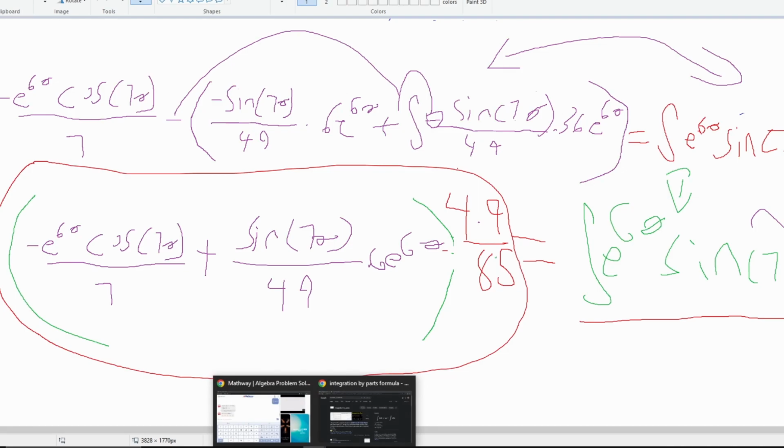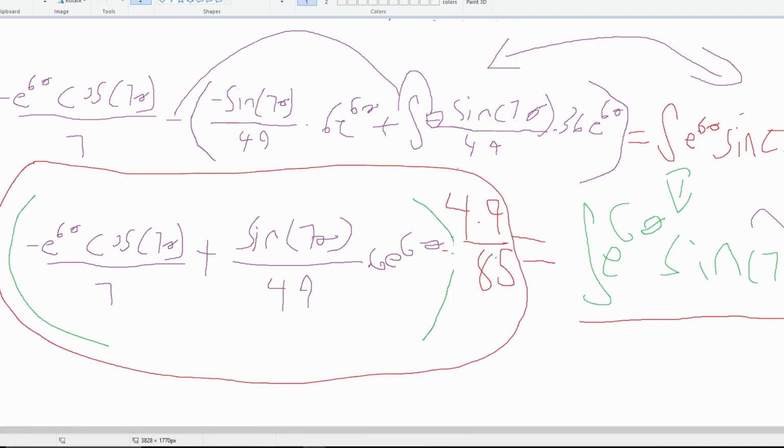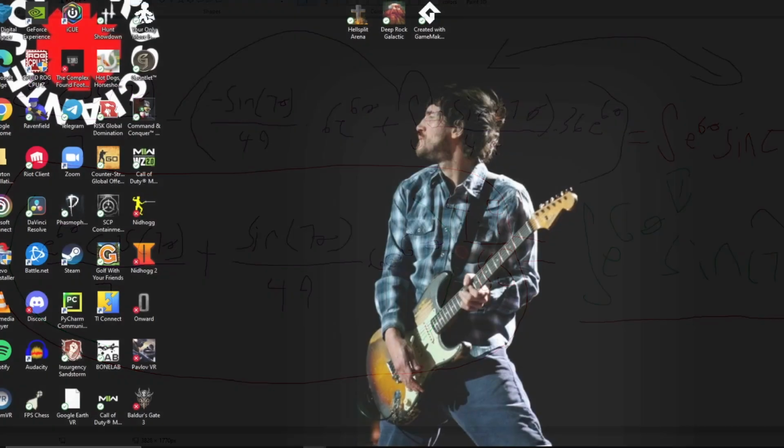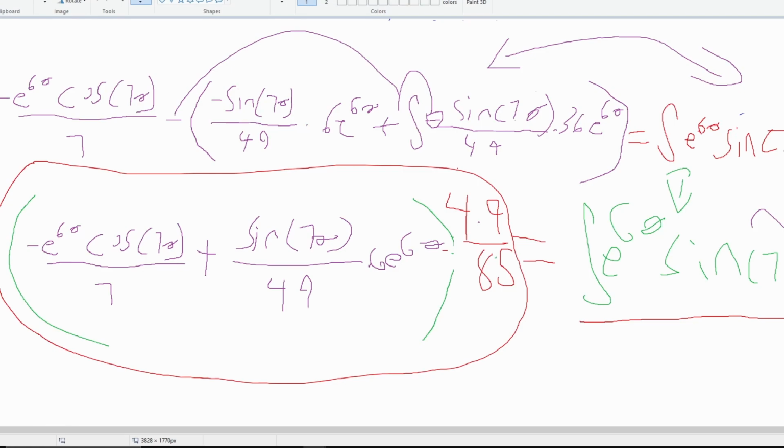I'll show you if you put it into a calculator. For example, I just used this stuff. Oh, you know what? Here's the right window. So if you put it into a calculator, depending on which one you use, like if you use MathWay for an example, it will use a different form, because we used sine 7 theta as our g prime of x.